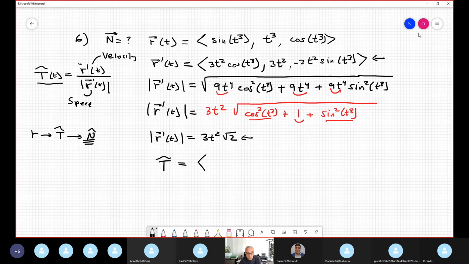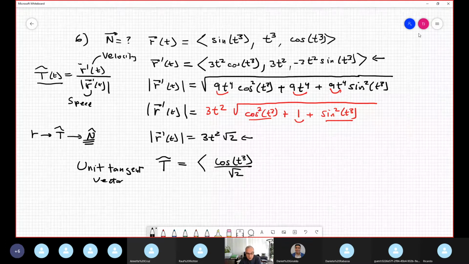So my unit tangent vector looks like that. It is cosine t cubed divided by radical 2. Remember, this and this cancel out, and also cancel out with this, and also with this.